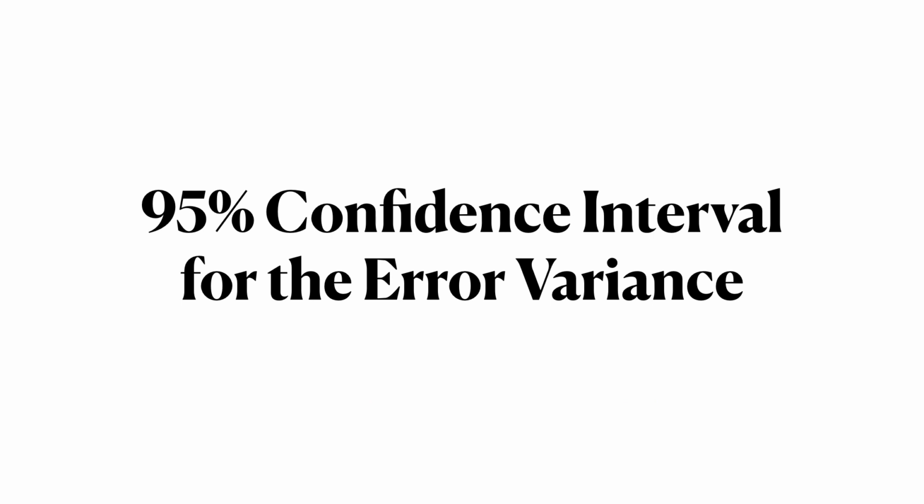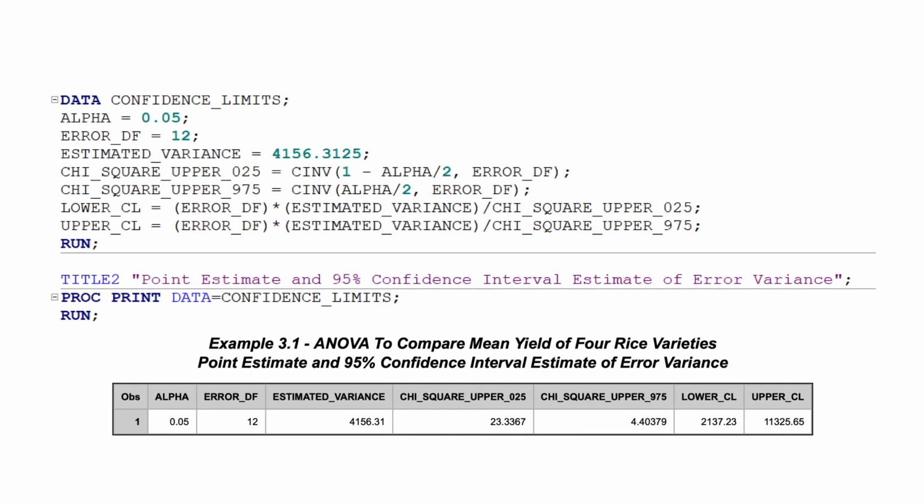Now let's construct a 95% confidence interval for sigma squared based on the chi-square distribution. And so now that we have the results from the ANOVA, I'm going to take some of those results and perform another data step where I'm creating a data set called confidence limits. And you can see here that I'm creating a variable for alpha because we want to construct a 95% confidence interval.